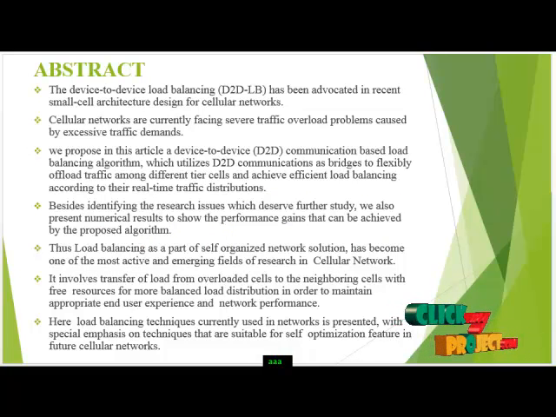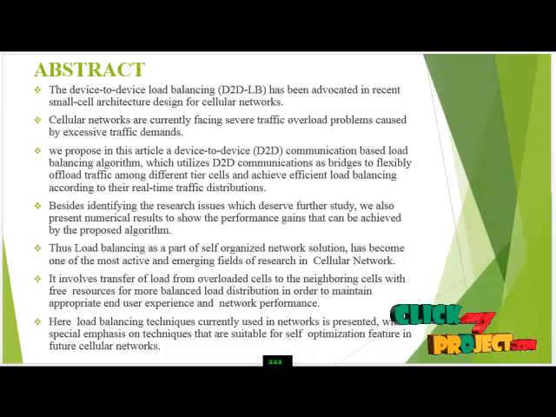Device-to-device (D2D) load balancing has been advocated in recent smart cell architecture design for cellular networks. Cellular networks are currently facing severe traffic overload problems caused by excessive traffic demands.